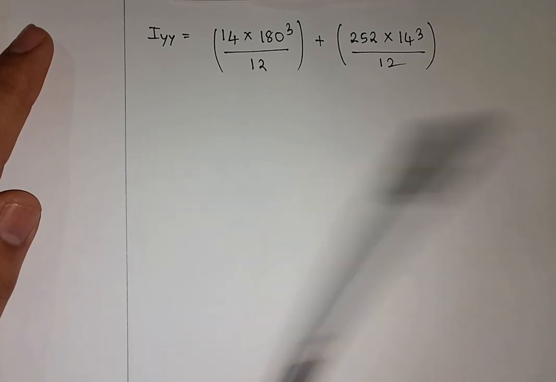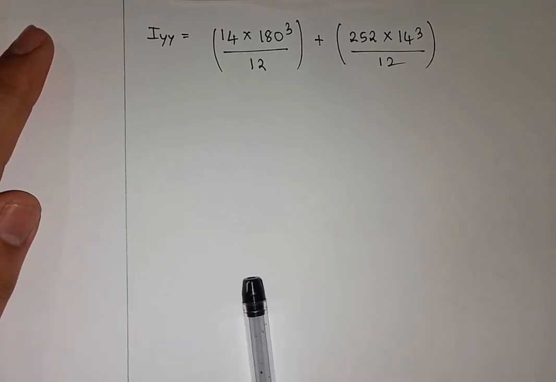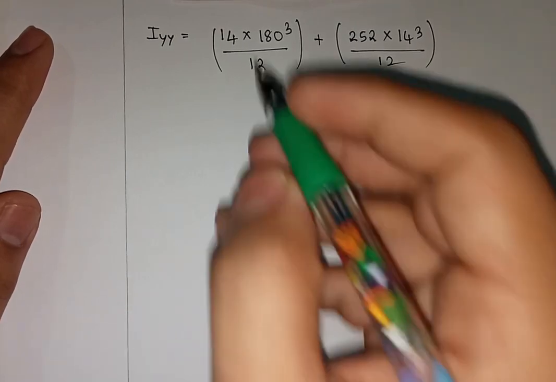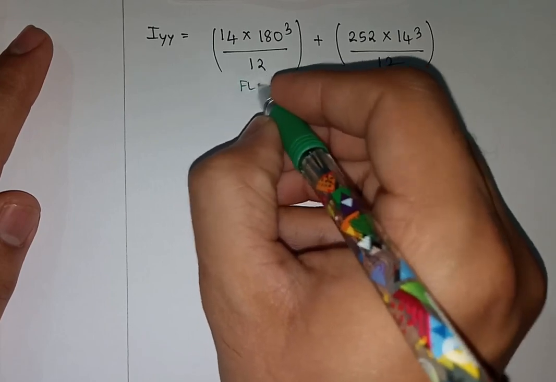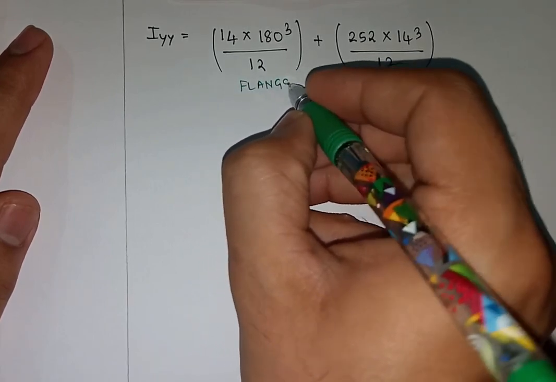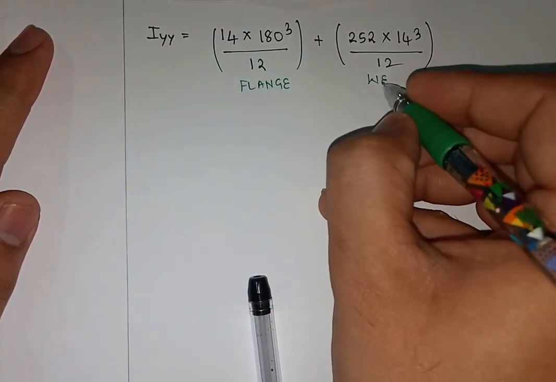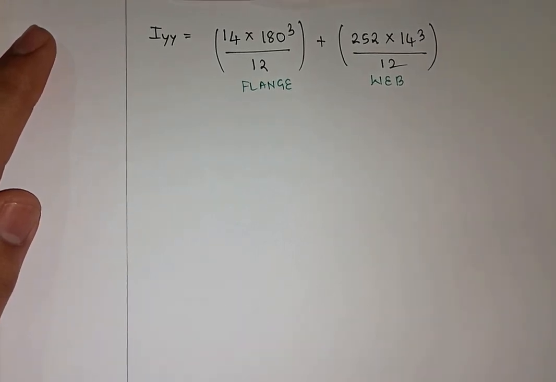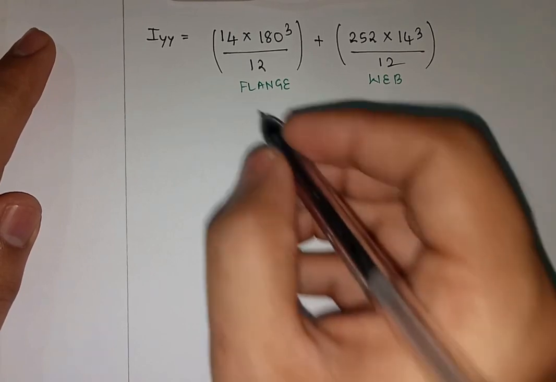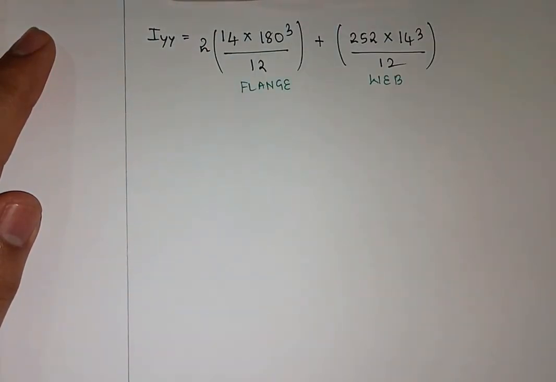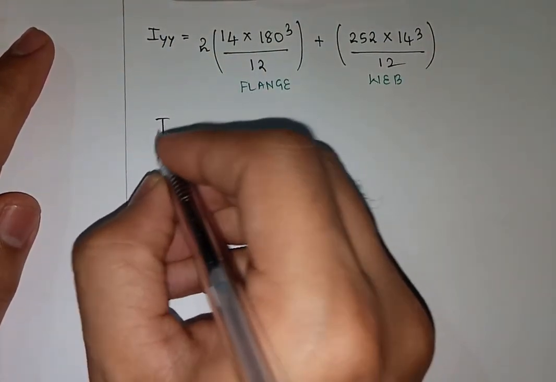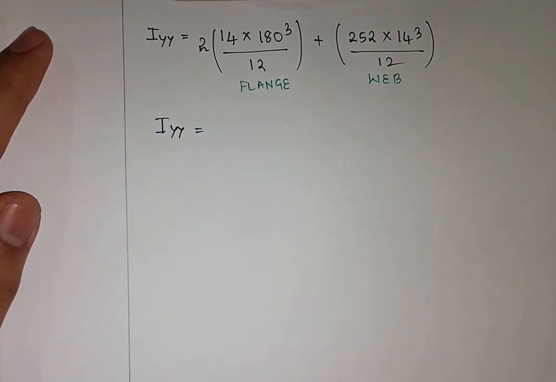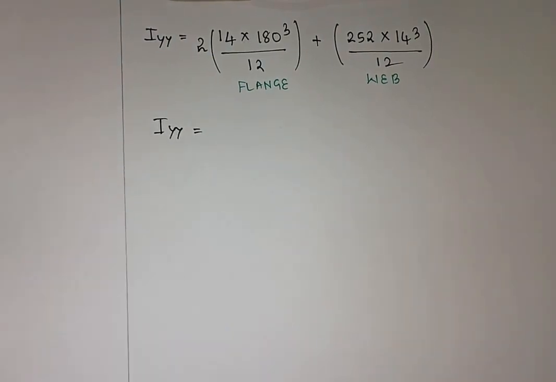Now here this is for the flange and the other one is for the web. Now we know that there are two equal flanges, right? Two equal flanges. That is the reason I multiply this by 2. So therefore Iyy is equal to, so let me check what will be the value.